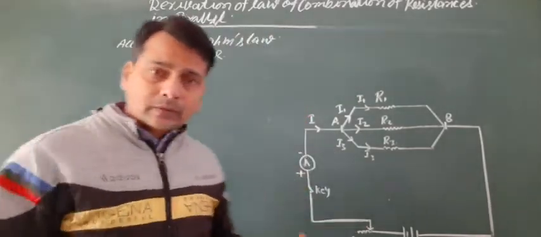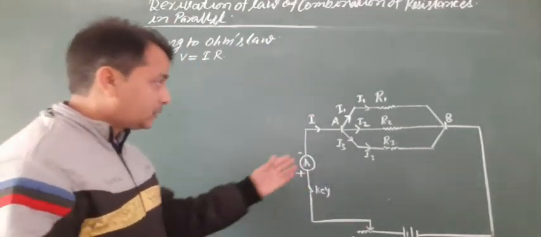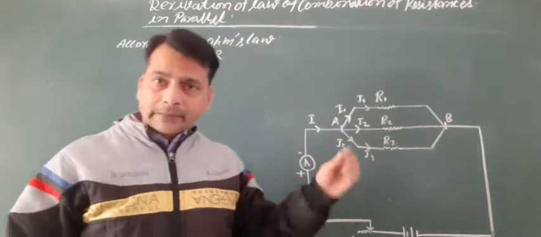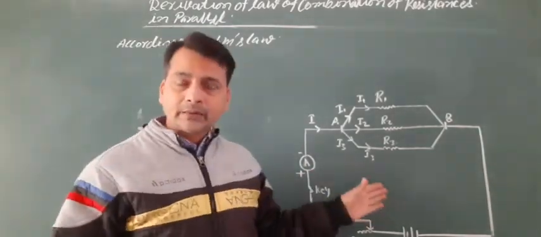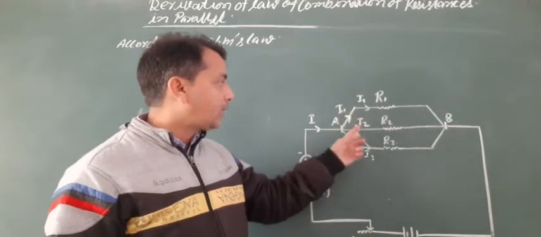The current divided among the three resistors will be different, that is I1, I2 and I3.